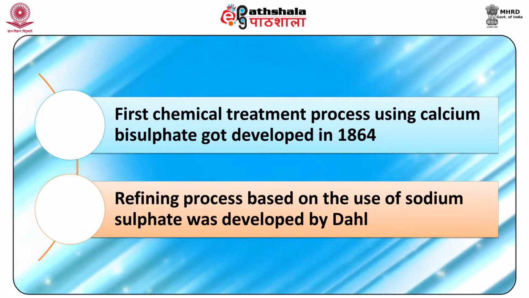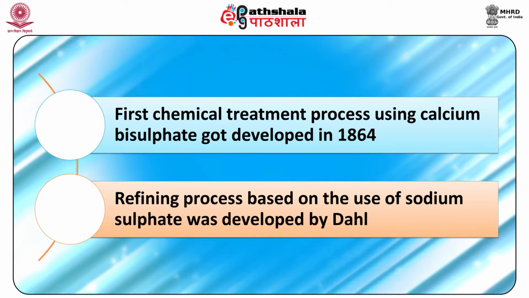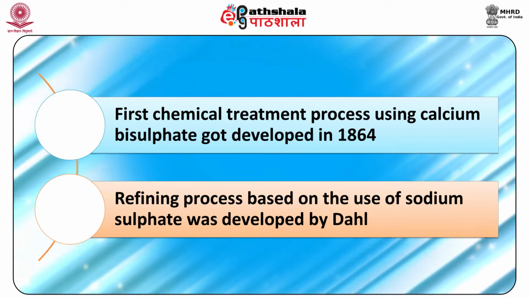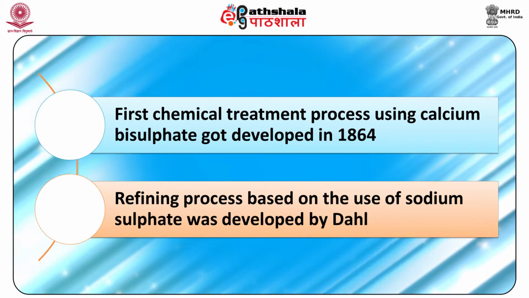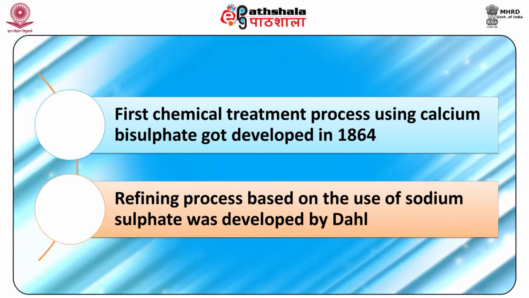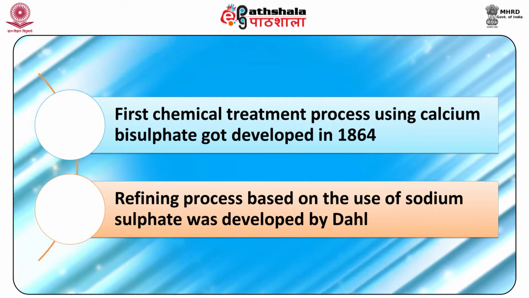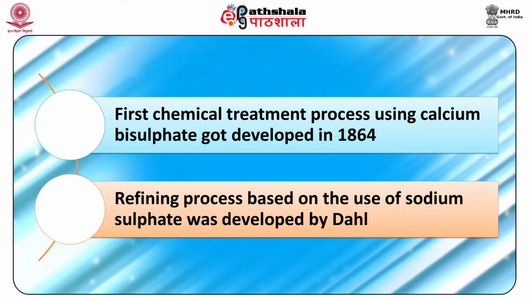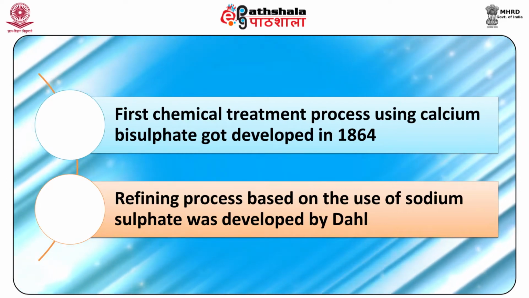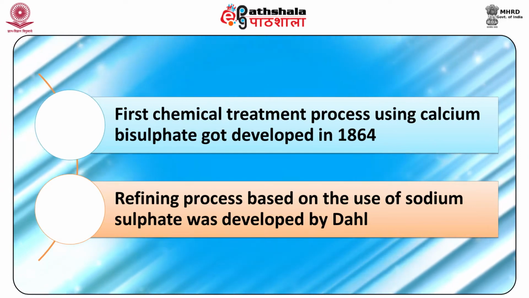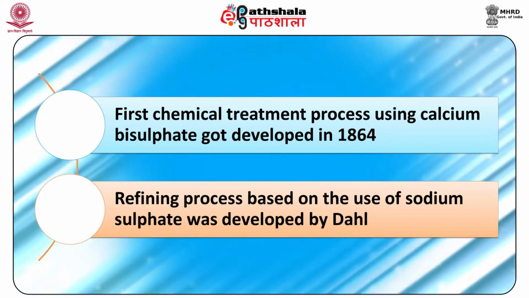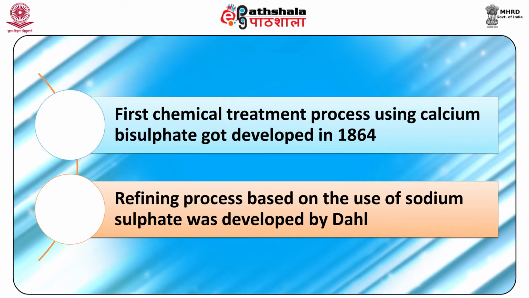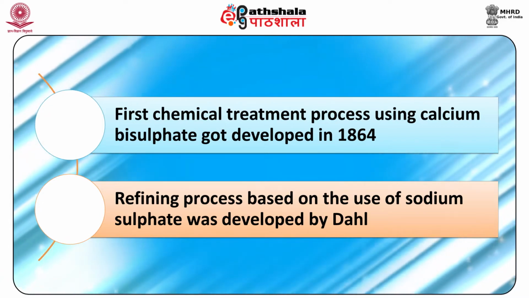In 1884, a refining process based on the use of sodium sulfate was developed by Dahl. One of the methods of paper manufacturing has already been mentioned in the previous module. There is some more information about how paper is manufactured.